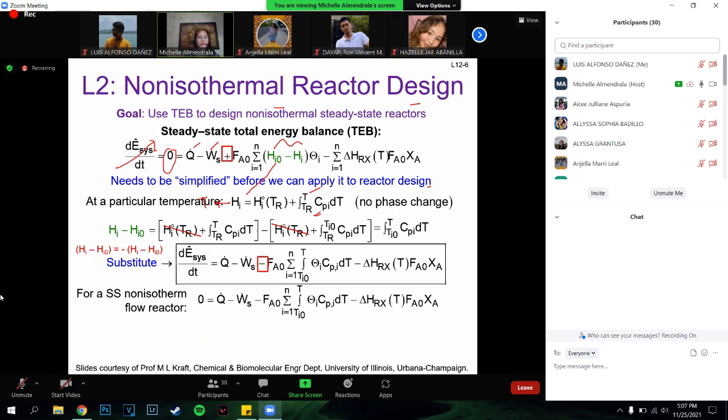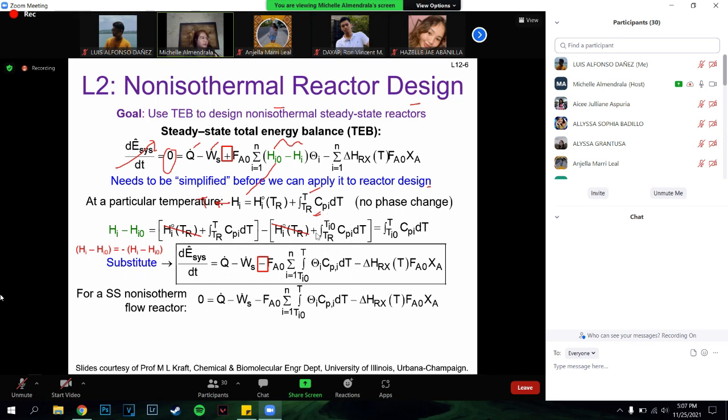If we now define Q minus WS, again with F_A0 in terms of Cp and delta H of the reaction, this H here and this H here will cancel, so what remains is this and that.